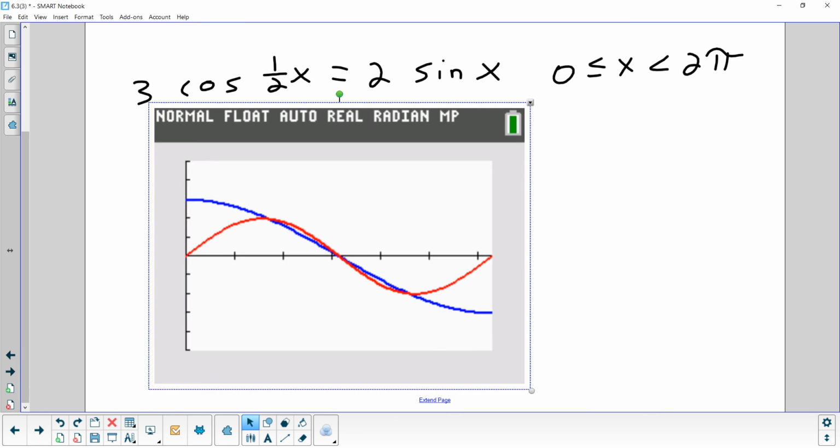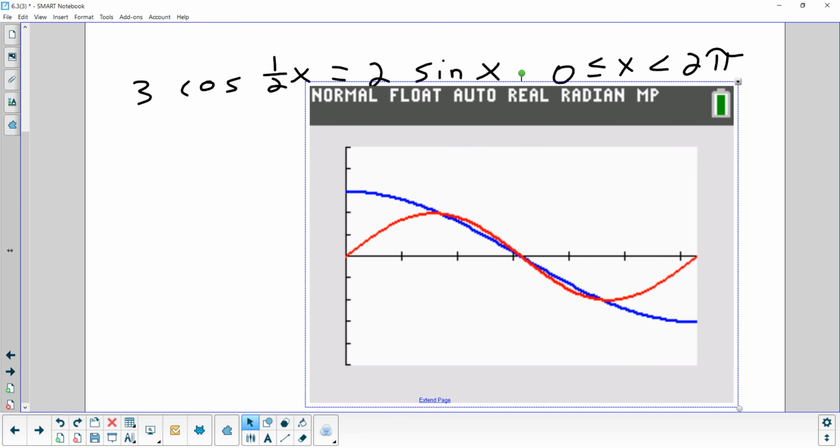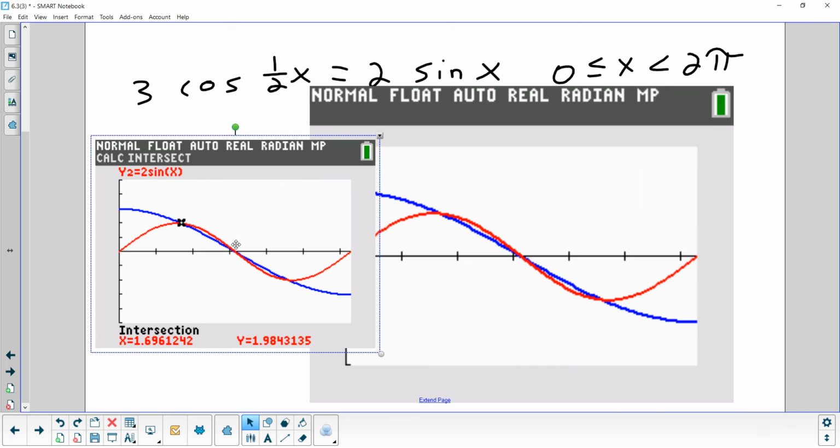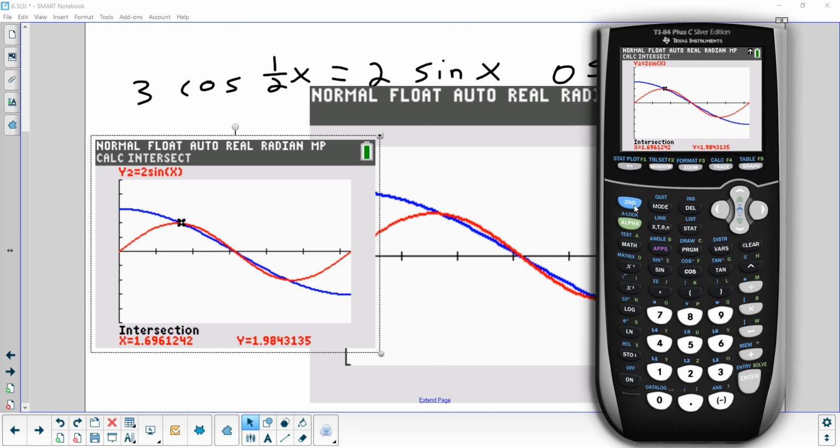Okay, how many answers does it look like we're going to get for this one? 3? Yeah, we are. We're going to get 3 of them. So we're going to just do second calc intersect over the left. There's 1. Second calc intersect.